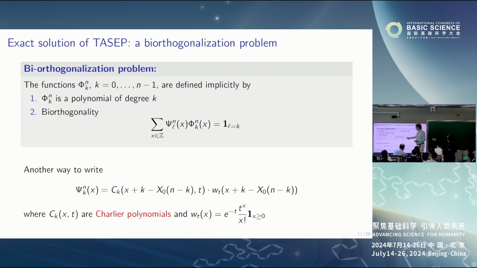So these functions are polynomials of different degrees, which are biorthogonal to functions psi. So in other words, if we take one of these psi's and one of these phi's with different indices, or the same indices, we take the sum over x, then we get either 0 or 1, depending on whether the indices of the functions are the same or different.